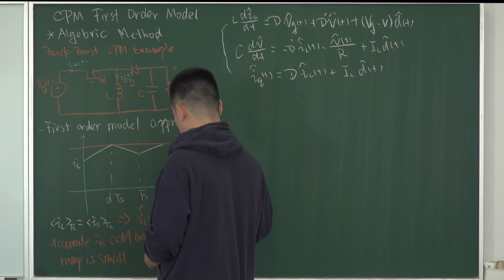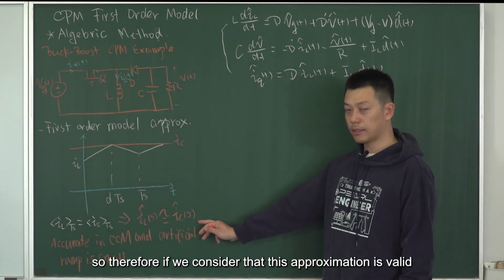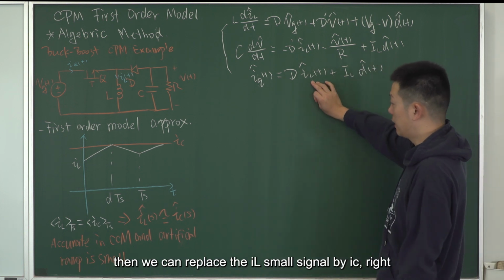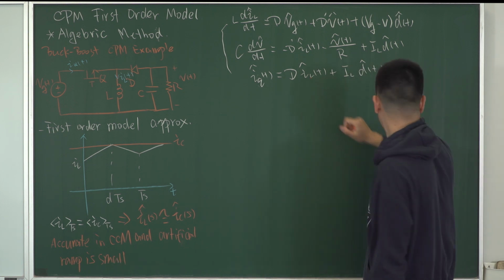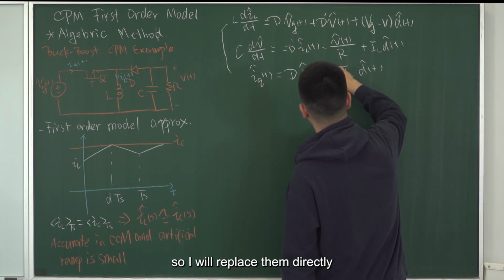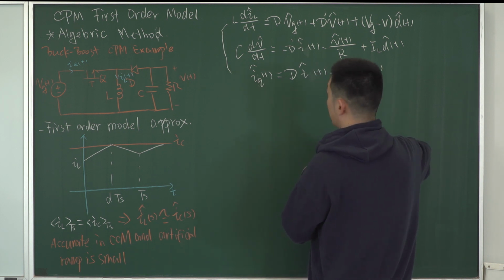Therefore, if we consider that this approximation is valid, then we can replace the IL small signal by IC small signal directly.